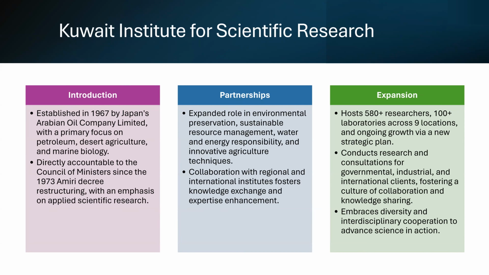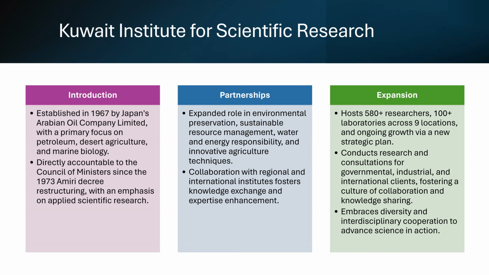Kuwait Institute for Scientific Research, if you don't know about it, is one of the oldest research institutes in the Gulf states, established in 1967. It was established with the Arabian Oil Company by Japan, and later, by an Amiri decree, it became accountable under the Council of Ministers. It is mainly about applied research, so we don't focus on theoretical parts.